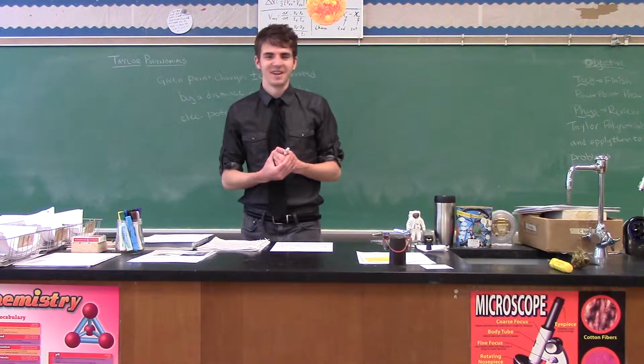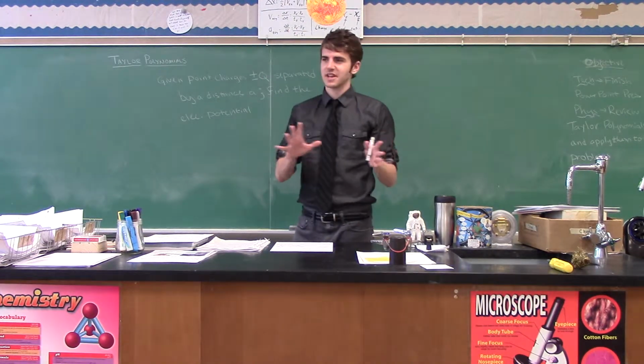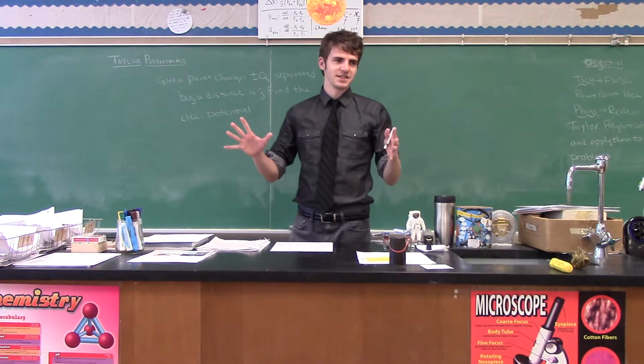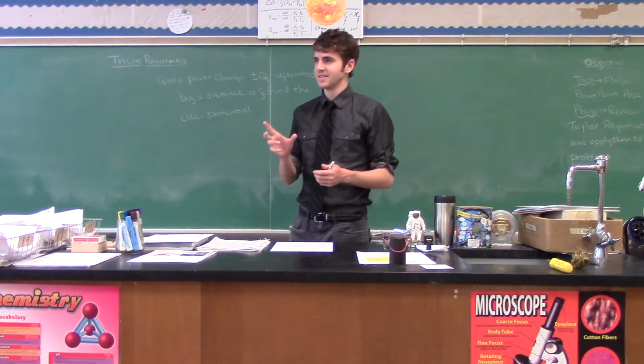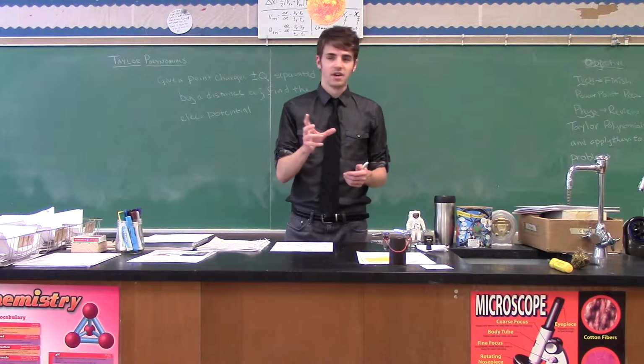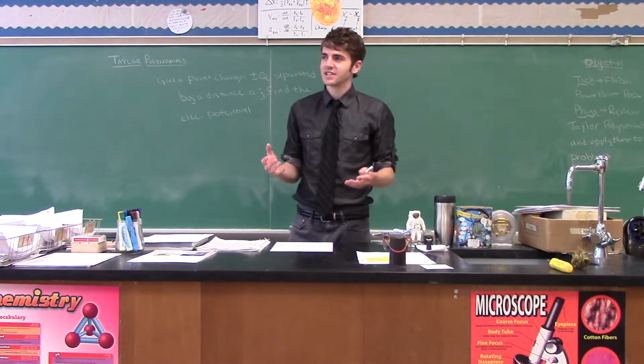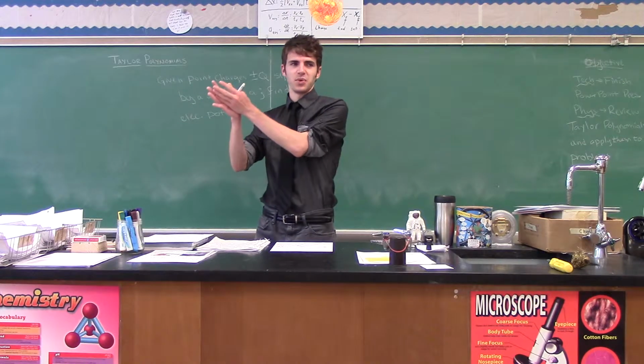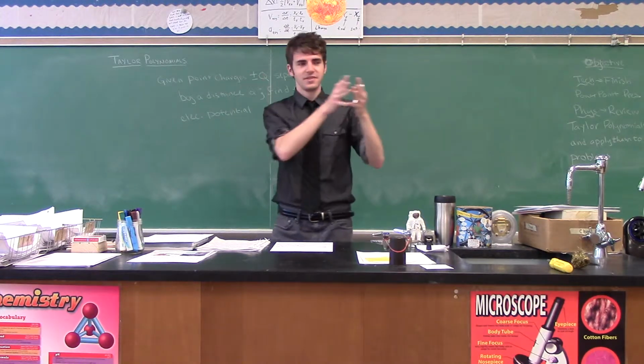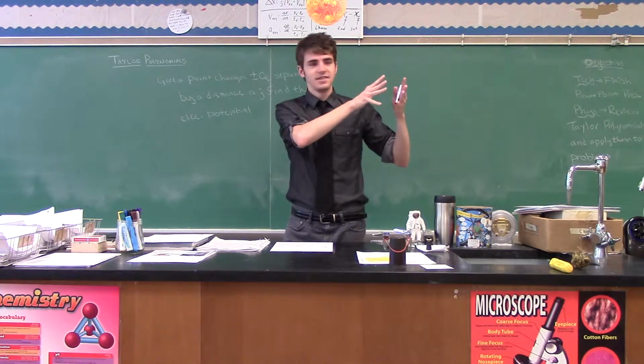Volts. Volts, right, volts. Just as a little side fun fact here, when you look at a battery and you see it has a voltage listed on it, like it's a 6-volt battery or 9-volt battery, whatever it is, it's talking about the potential difference between your positive and negative end of that battery.